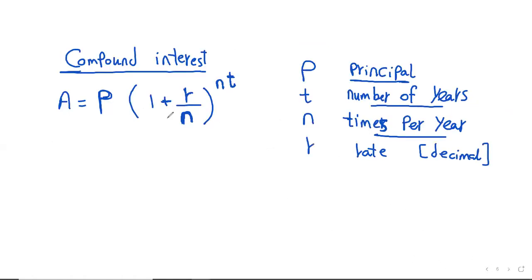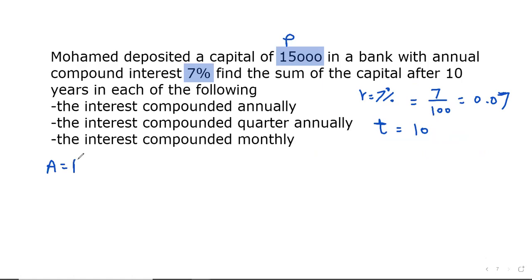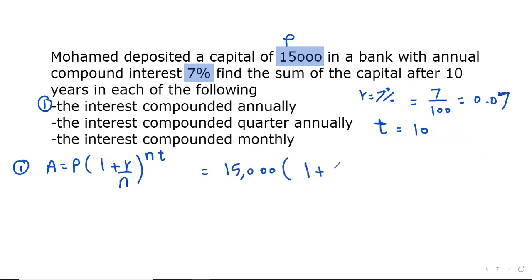Let's have a look at the rule again. A equals P multiplied by 1 plus r over n, all raised to the power of nt. In the first one, it's one time yearly, so n equals 1. So write 15,000 multiplied by 1 plus r, which is 0.07 divided by 1.